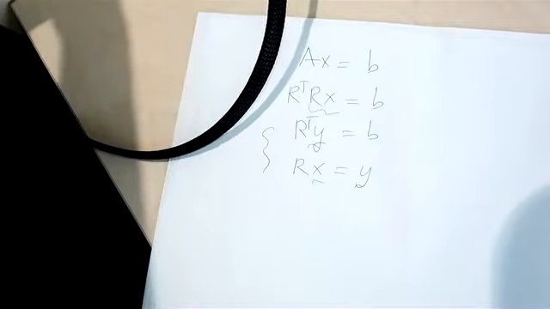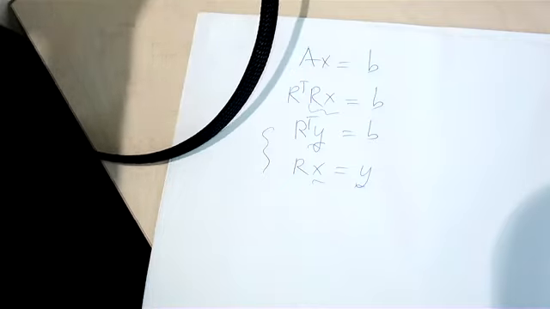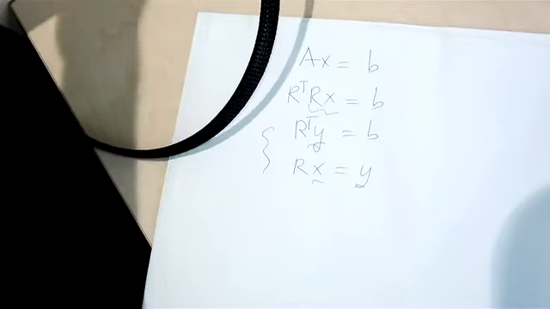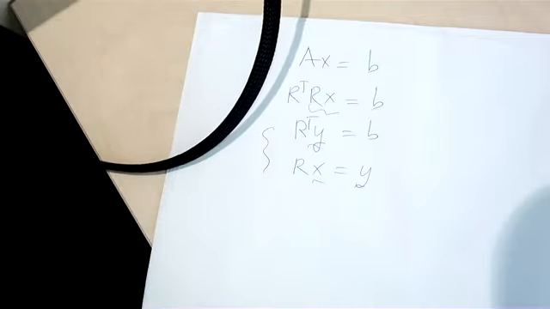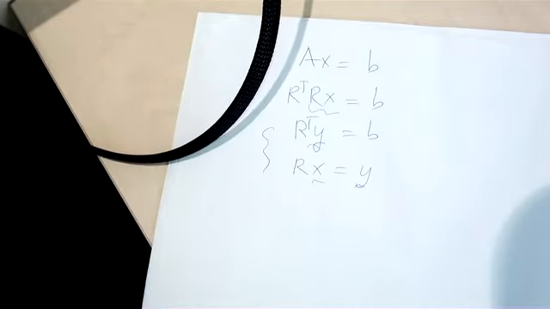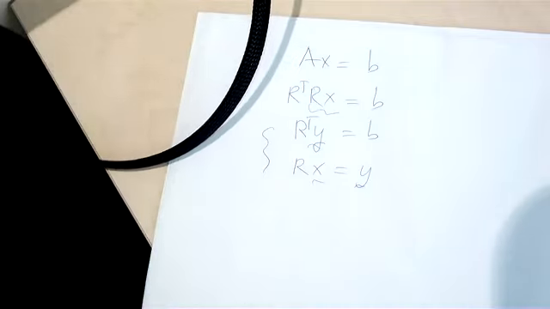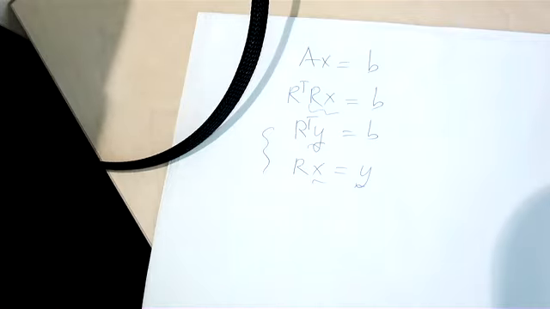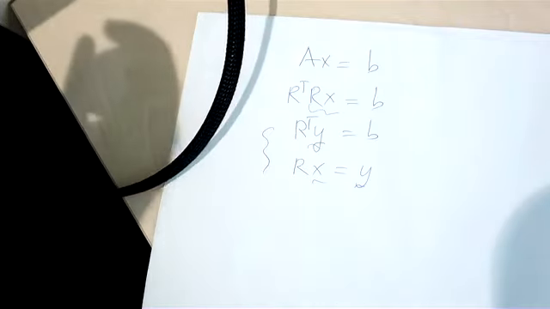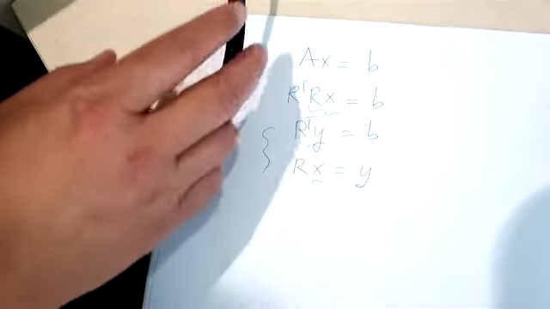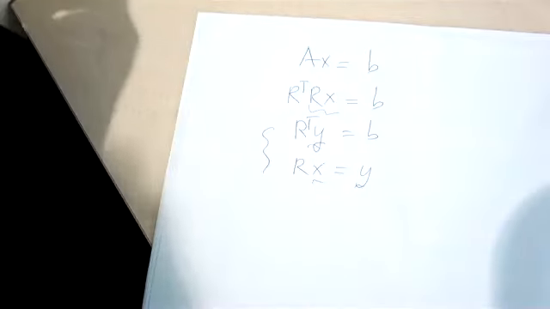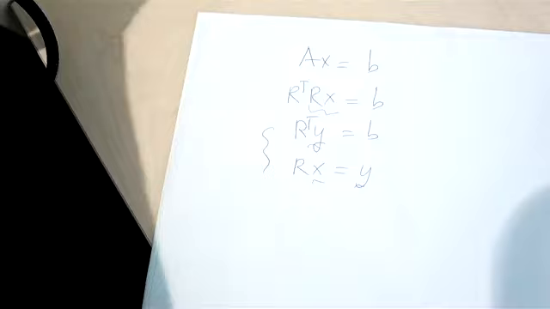And vice versa. If it has a Cholesky factorization, then it is symmetric and positive definite. So one way is easy and another way is not so easy. I'll show you the easy direction.